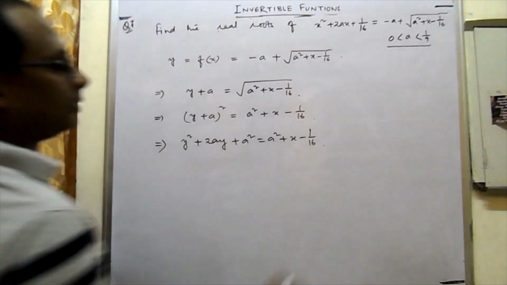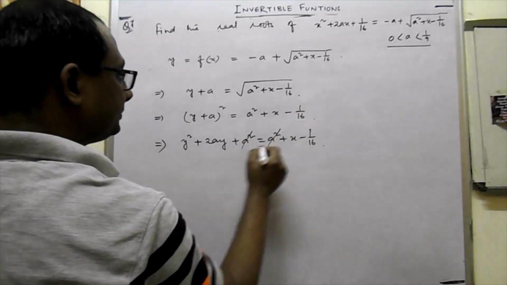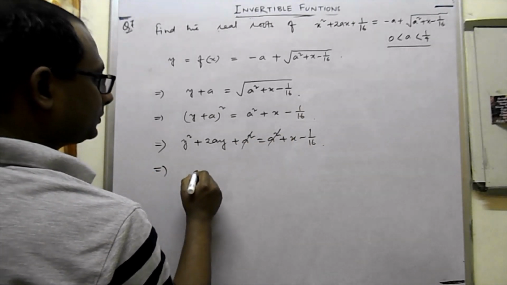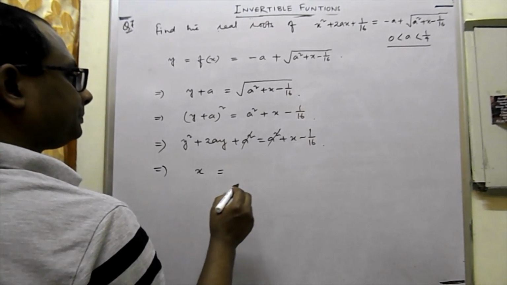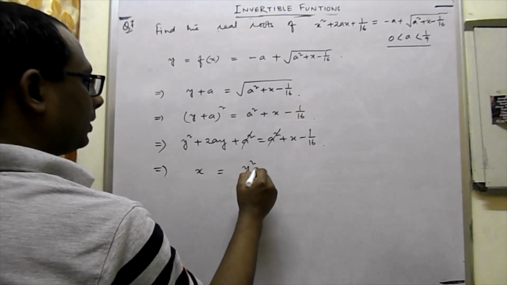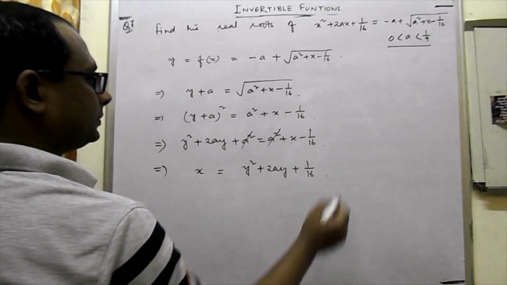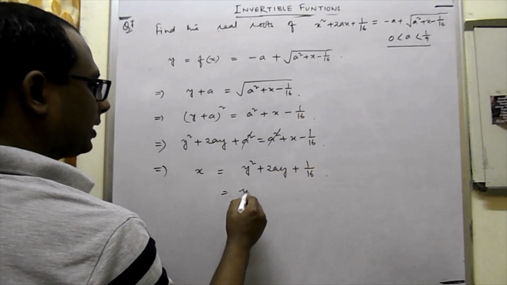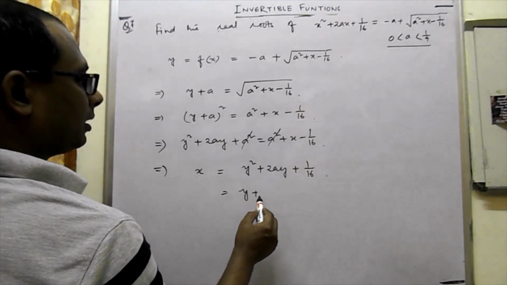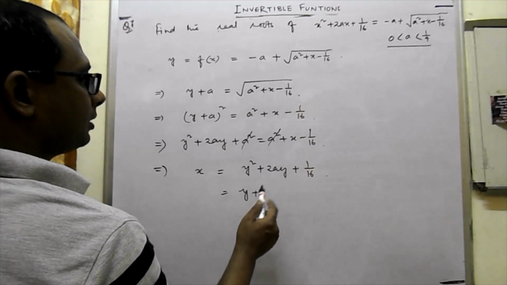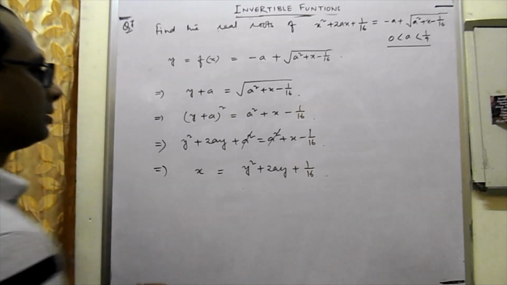We'll write x in terms of y. So x will be equal to y square plus 2ay plus 16, which can be written as y plus a whole square. Only keep it like this.